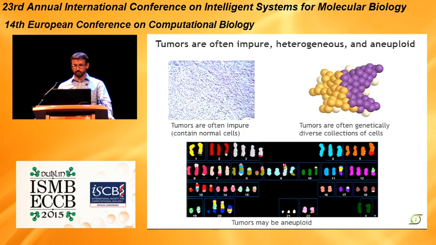Similarly, tumors are often a collection of genetically diverse cells with different origins and complex relationships, and that can also influence your ability to characterize what the tumor is made up of and what the important mutations are. And a lot of analysis proceeds from the assumption that you have an approximately diploid genome, and this is, of course, not true in many, many tumors.